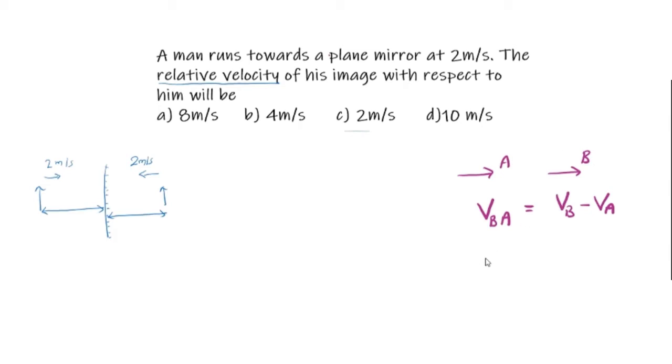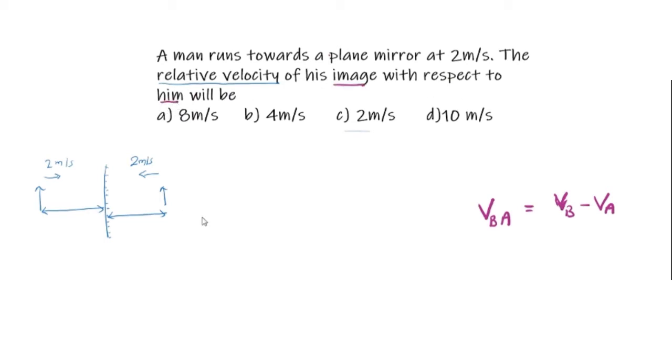But if suppose object A is moving in this direction and object B is moving in the opposite direction of object A, then the velocity of object A would be positive and the velocity of object B should be taken as negative.